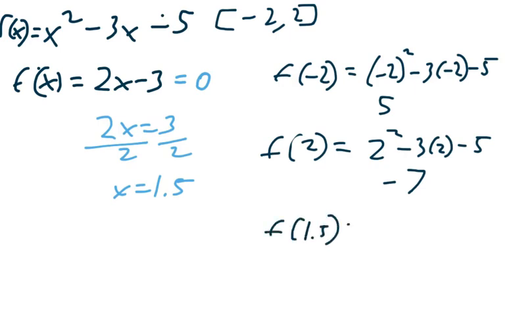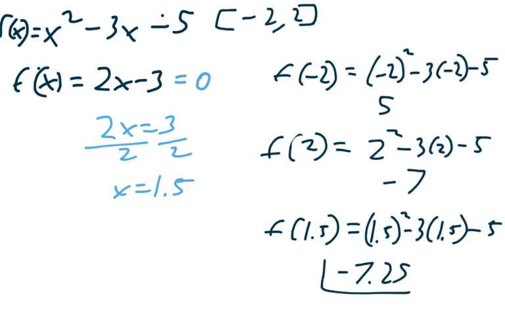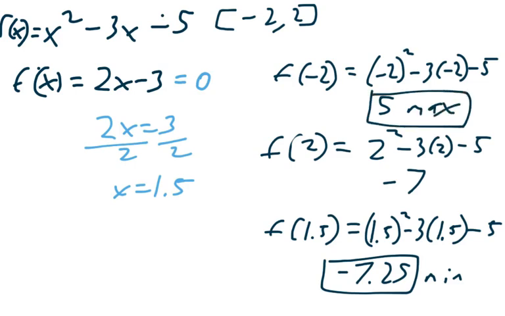I'm also going to put in 1.5, which gives me 1.5 squared minus 3 times 1.5 minus 5, and that gives me -7.25. This is the absolute min, 5 is the absolute max, and that's how we do problem number 1.